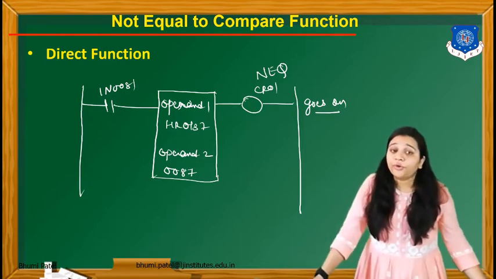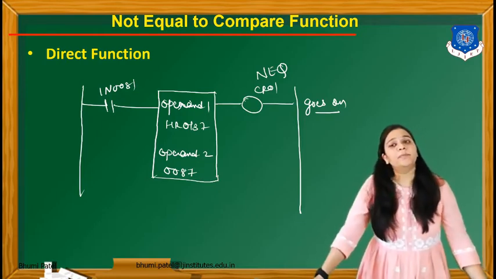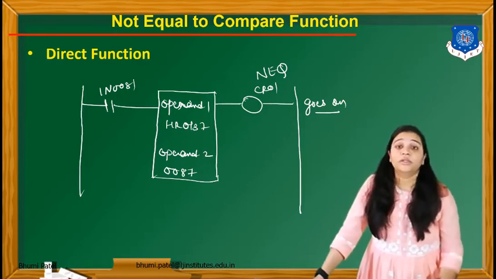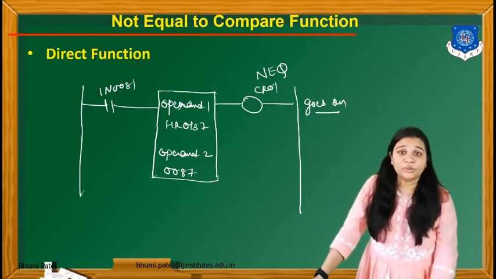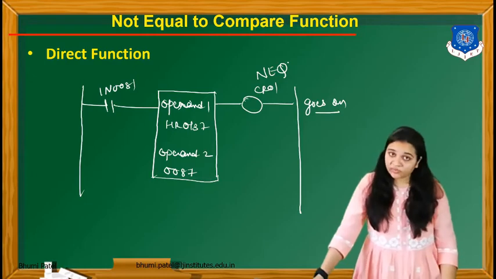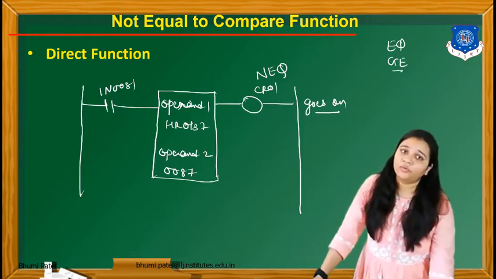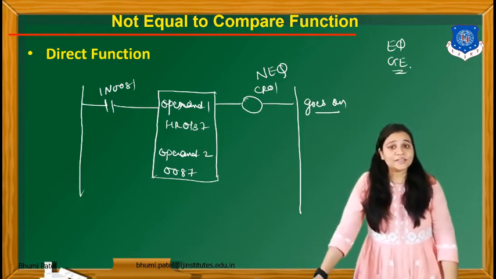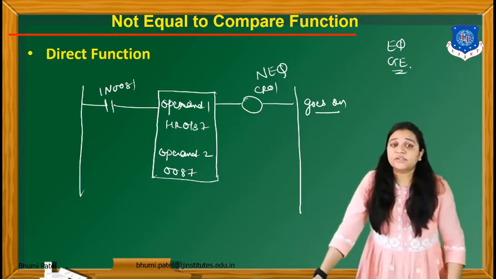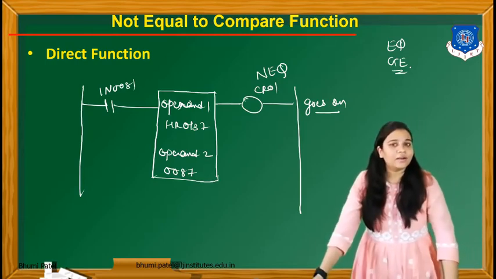But when you draw the PLC program in the PLC software, the not equal to function is not given. They give only the equal to function and the greater than or equal to function. In the list, only two comparison functions are there, equal to and greater than or equal to.